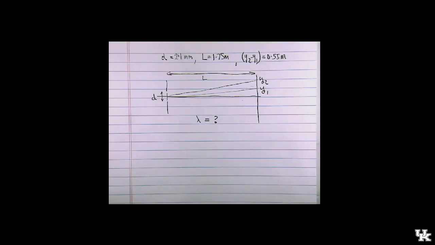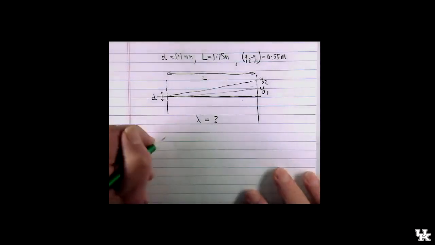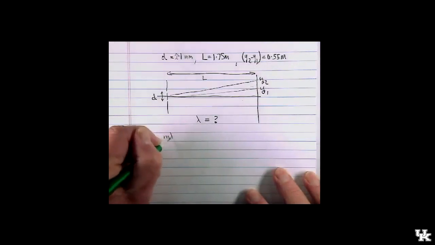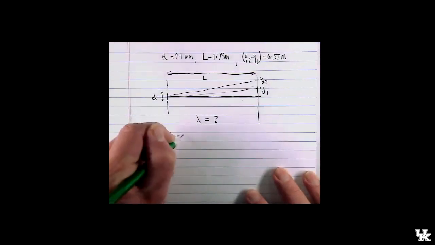Slit separation 2.1 millimeters. Slit to screen is 1.75 millimeters. Distance between two neighboring bright fringes is 0.55 of a millimeter. Now, the master equation for all this, I wrote it down, we'll write it down again, is this guy here.